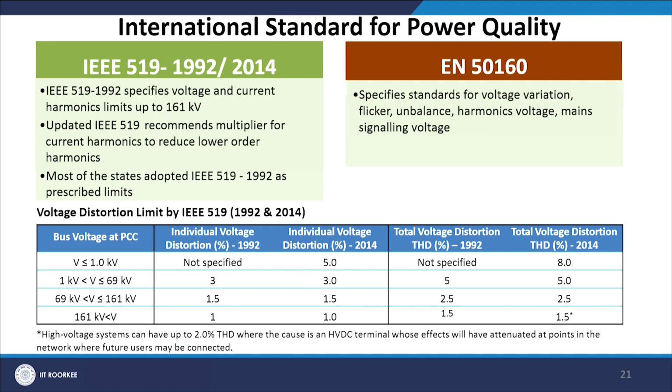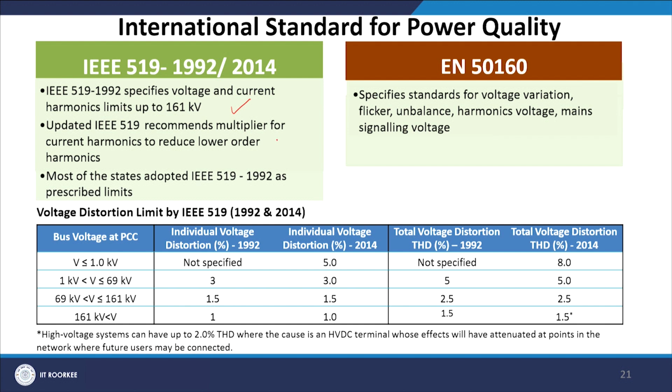Now, the international standards for power quality, that is IEEE 519/1992/2014 as well as EN 50160, talk about different harmonic standards. As you could see, IEEE 519/1992 specifies voltage and current harmonics limits up to 161 kV.